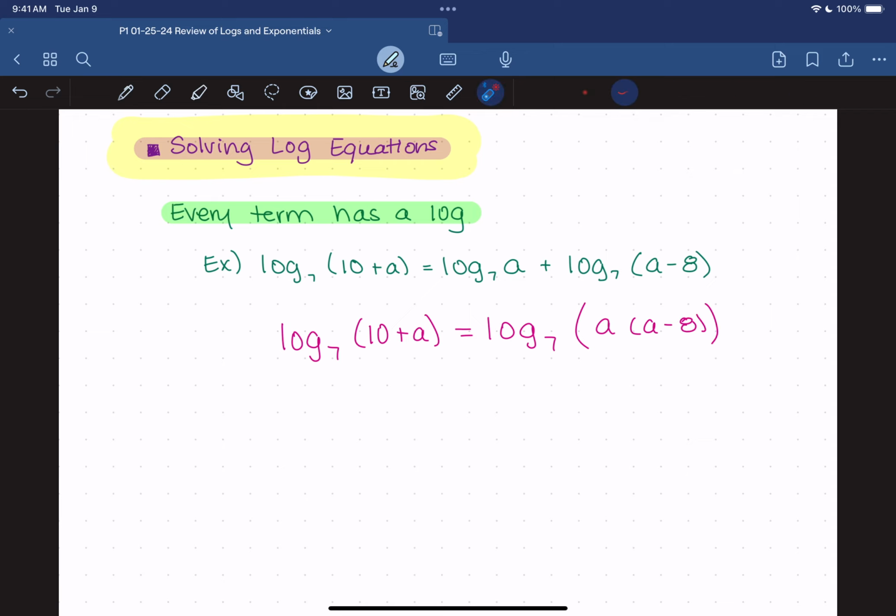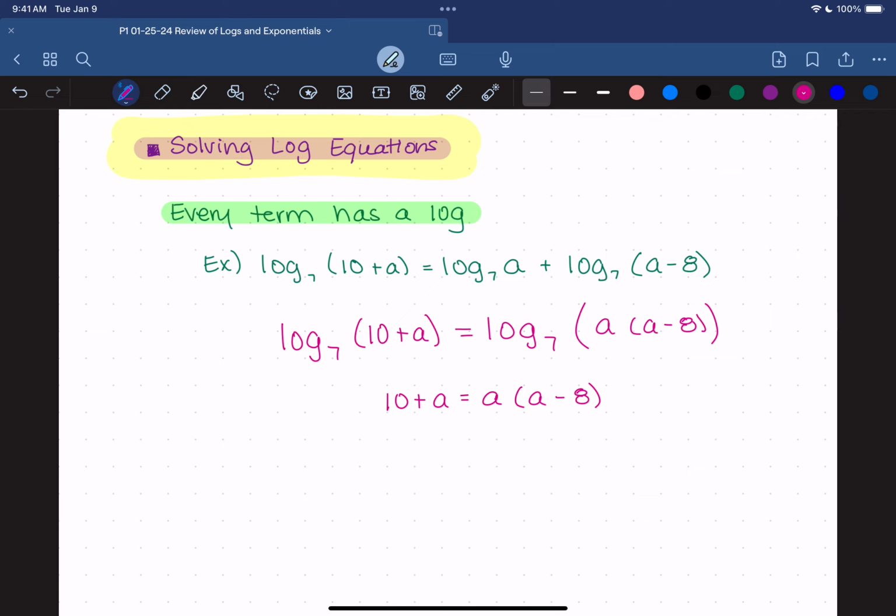And now it's kind of like equating the bases above. We have a single log on both sides with the same base. So if the log base 7 of this equals log base 7 of that, this has to equal that. Equate the arguments. You get 10 plus a equals a times a minus 8.